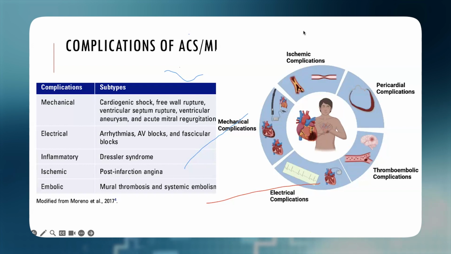Fascicular blocks, LBBB or right bundle branch block or left anterior fascicular or posterior fascicular blocks, are more common in LAD occlusion, anterior wall MI, because the Purkinje fibers are mostly supplied by the LAD. Inflammatory: Dressler syndrome. What is Dressler syndrome?